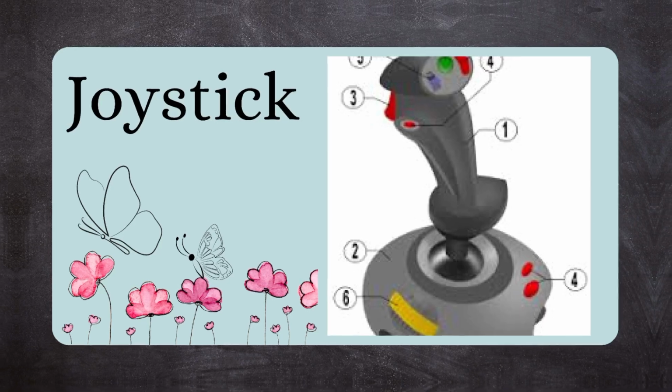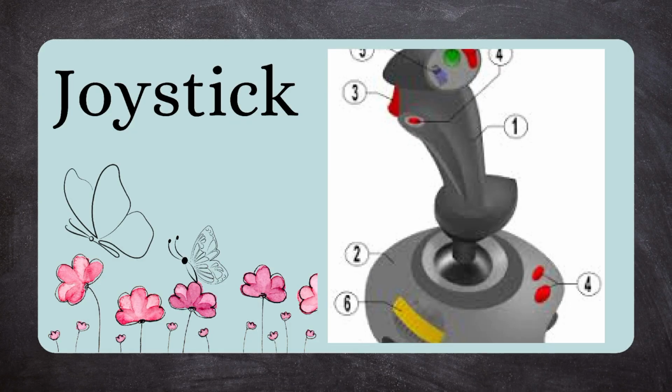Number three is joystick. Joystick is a control device that provides an intuitive way to navigate and interact with computer applications, particularly in gaming and simulation environments. It typically features a stick mounted on a base, which can be moved in various directions to control movement within a game or simulation.